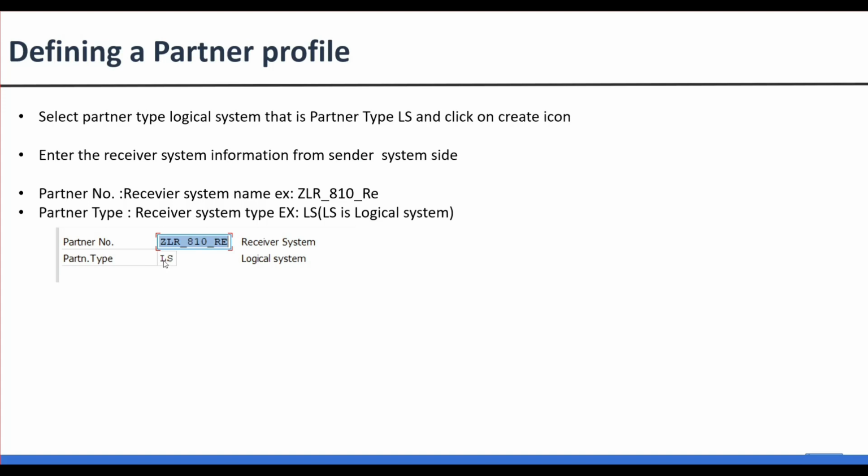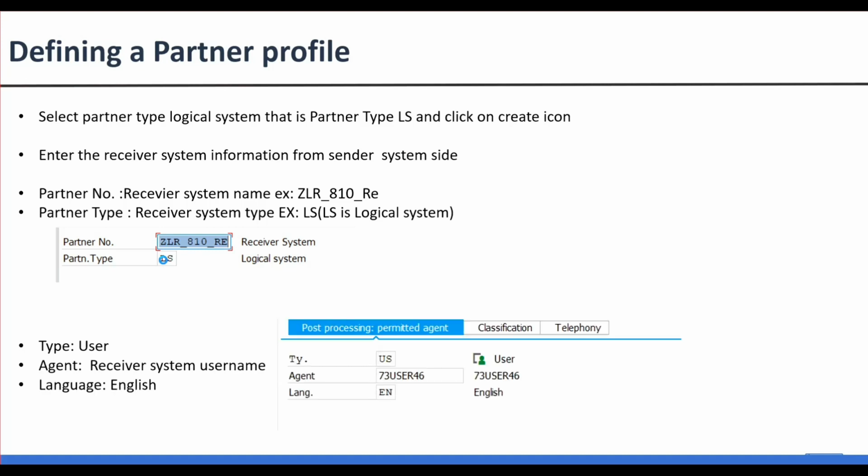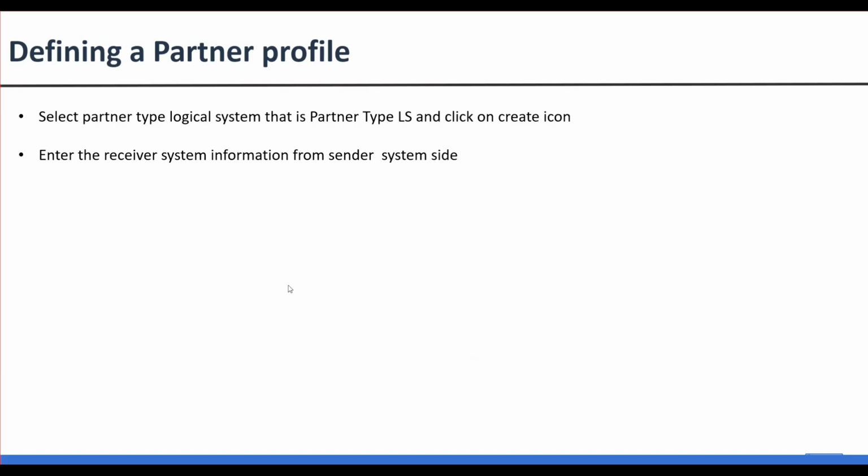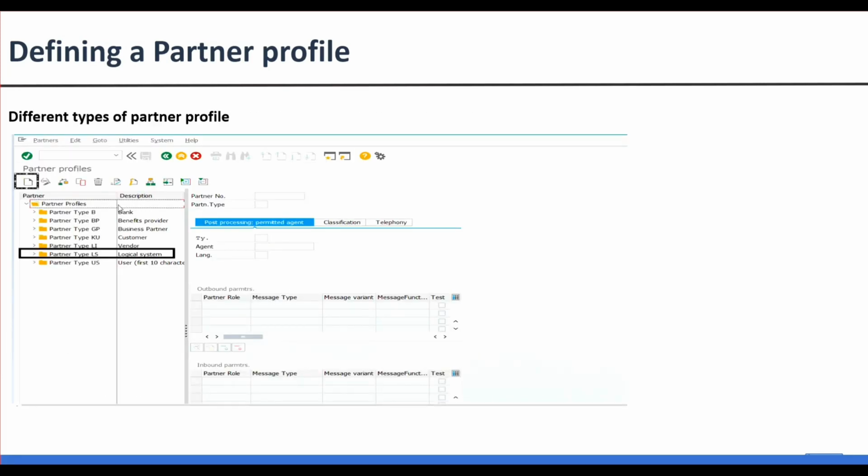When I click on enter, you have the options type, user, agent, receiver system, username, and language English. Here you can maintain the post processing permitted agent: type is user, agent is the username, and language is English. We need to enter this detailed information. Meaning I select partner type LS and click on the create icon.